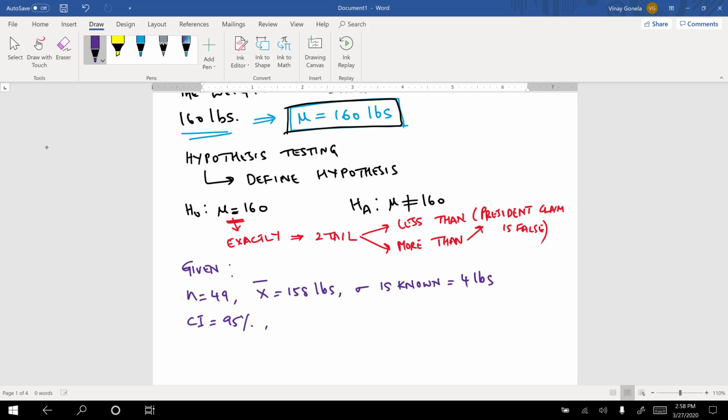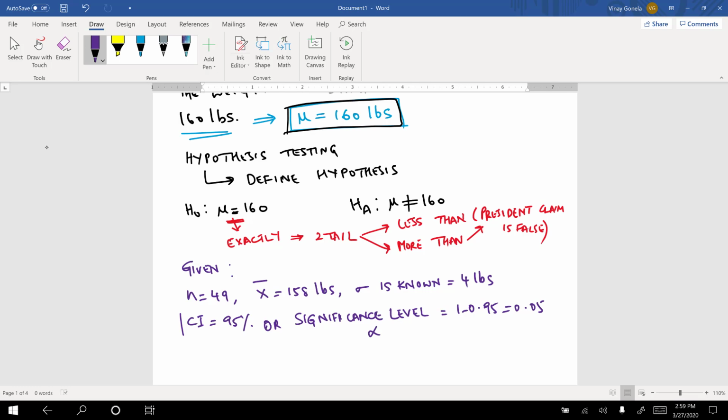Sometimes they will give you the confidence level, or at times they will directly give you the significance level. We discussed significance level previously, which is 1 minus 0.95, that is 0.05.